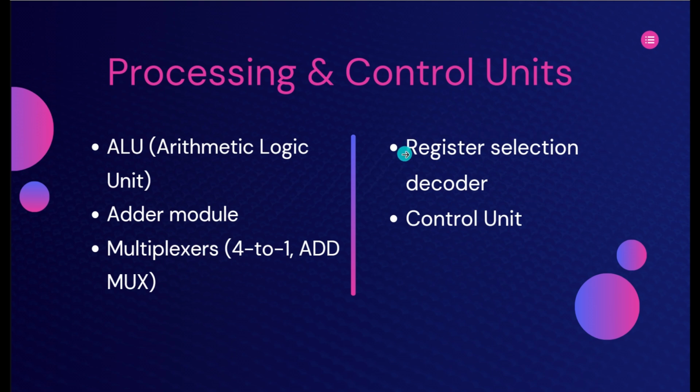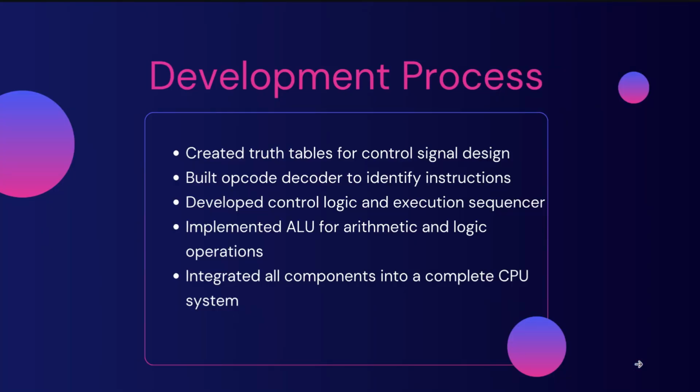The register selection decoder determines which register should be accessed based on the instruction. Finally, the control unit acts as the brain of the CPU by generating control signals and coordinating all components to execute instructions correctly.